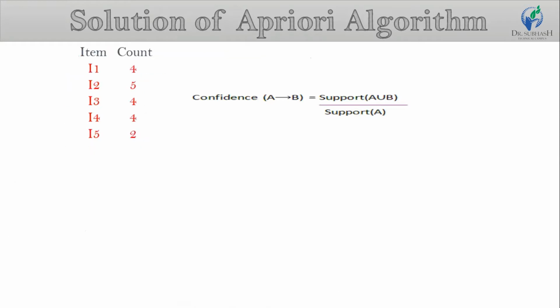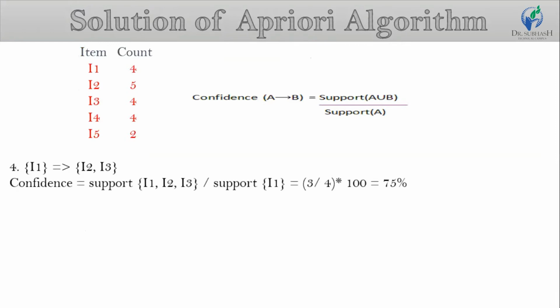Now next is I1 implies I2, I3. Here A is I1 and B is I2, I3. Put those values in the confidence equation. Confidence is equal to support of I1, I2, I3 divided by support of I1. The count is 3 divided by 4 into 100, so confidence is 75%.